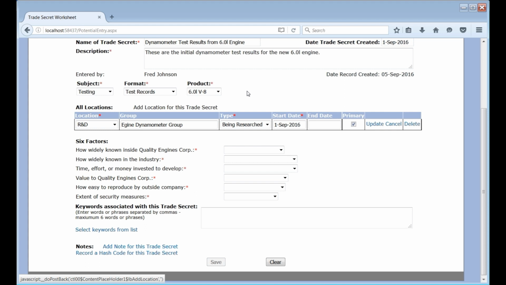What we're doing here is we're formalizing that into a structure, a 3-dimensional structure of subject, format, and product. And that allows us to deal with trade secrets in groups of similar things, instead of having one big ball of information that we don't really know how to classify. And that's sort of like a library card catalog. What we're trying to build here is a library card catalog for trade secrets.